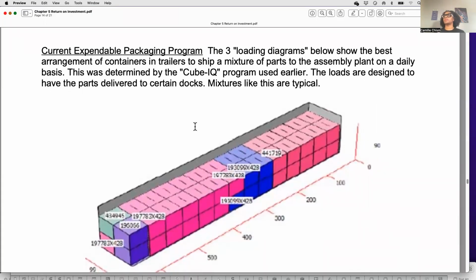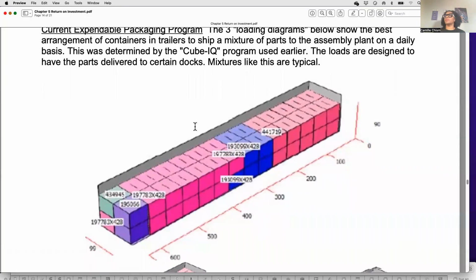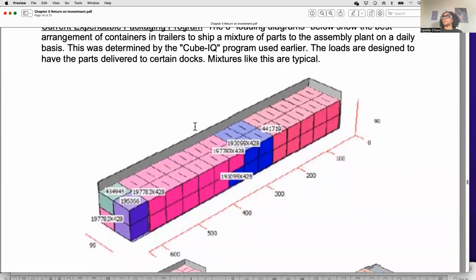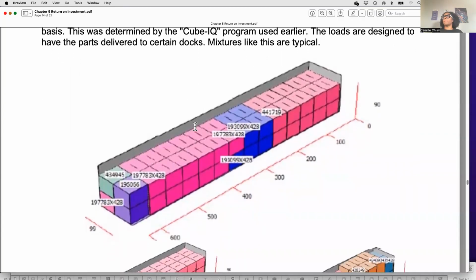Most people, if it's standard, you have your standards already with, say, Orbis or Bradford or Ropack, so you already know how many fit on a trailer. But if you're using other packs that aren't standard, then something like Cube IQ comes in handy. I know they have the same thing for things like TOPS and CAPE, but this is how this was figured out.